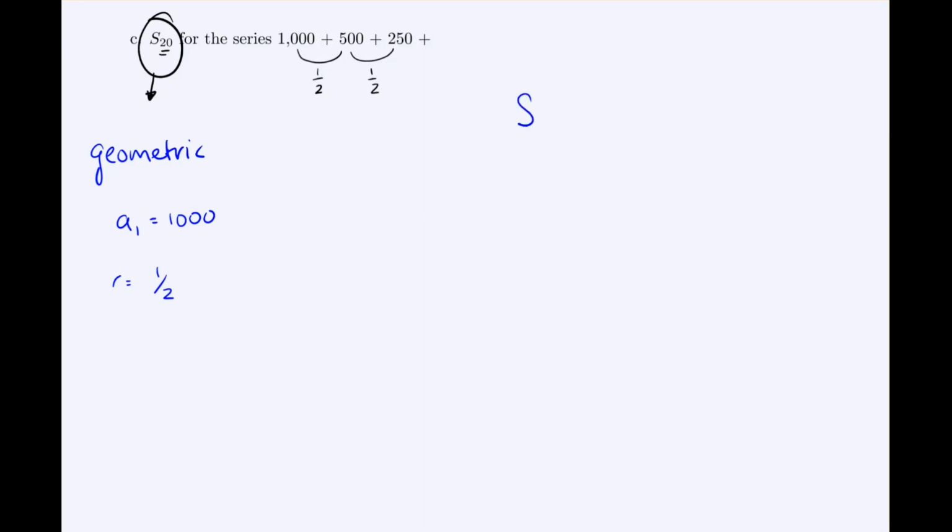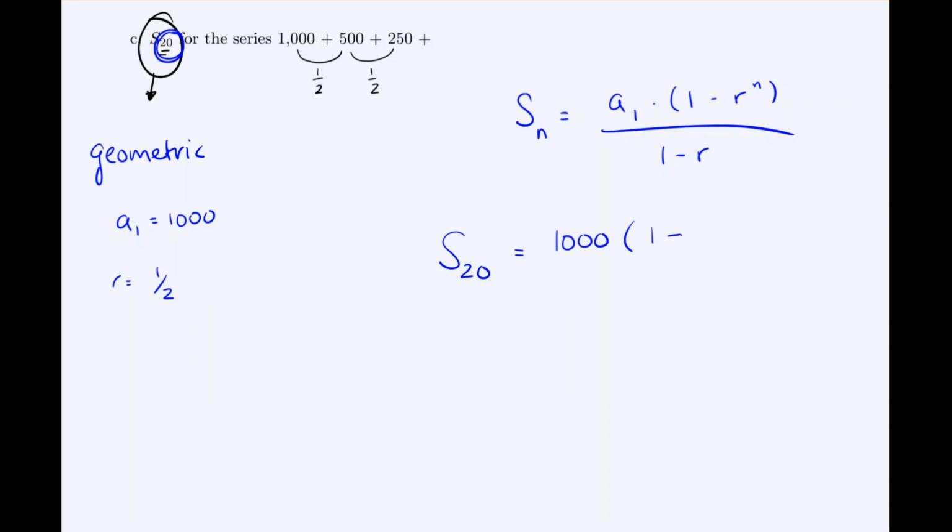Then we have a formula that the sum of the first n terms of a geometric series is the first term times 1 minus r to that nth power, all divided by 1 minus r. So in this case, they even told us we're going to 20. So we're looking for the sum of the first 20 terms: the first term, 1,000, times 1 minus our common ratio of 0.5 to the 20th, all divided by 1 minus 0.5.